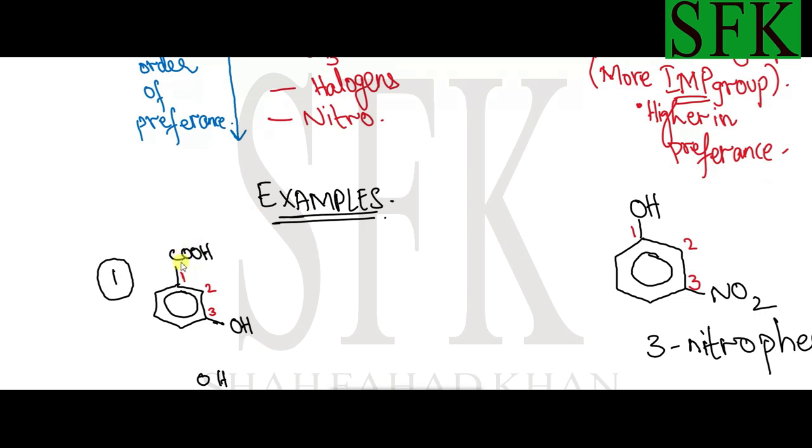So the carbon that has the carboxylic group attached directly is given carbon number 1, and then coming in the clockwise direction to keep the numbering as small as possible, the OH group is given the number 3.